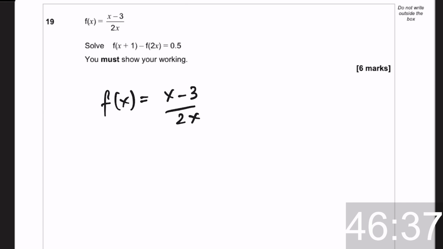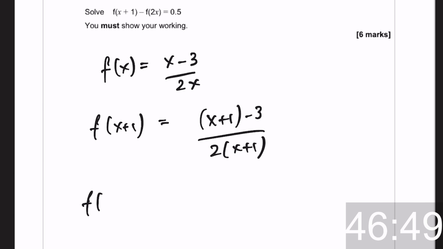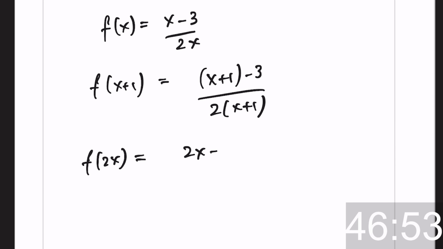So f of x is this, solve this. Well, what is f of x plus 1? Let's do that first. So that's x plus 1 minus 3 over 2 lots of x plus 1. Great. What's f of 2x? Well, that is 2x minus 3 over 2 lots of that, so that's over 4x.